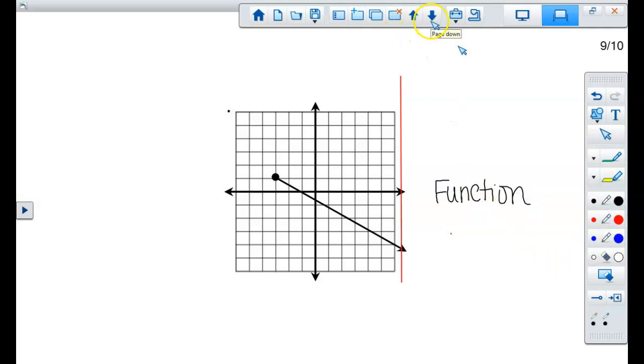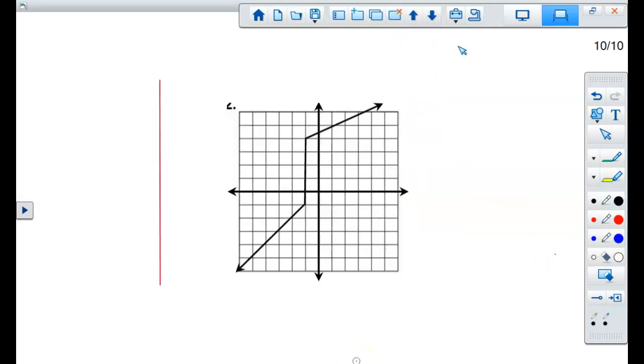So touching one time is good, more than once is bad, because that means you have those one-to-many connections trying to happen. Now on this particular graph, I want you to notice that it starts out going uphill, and then it has this section right here where it's straight up and down, and then it starts to go uphill again.